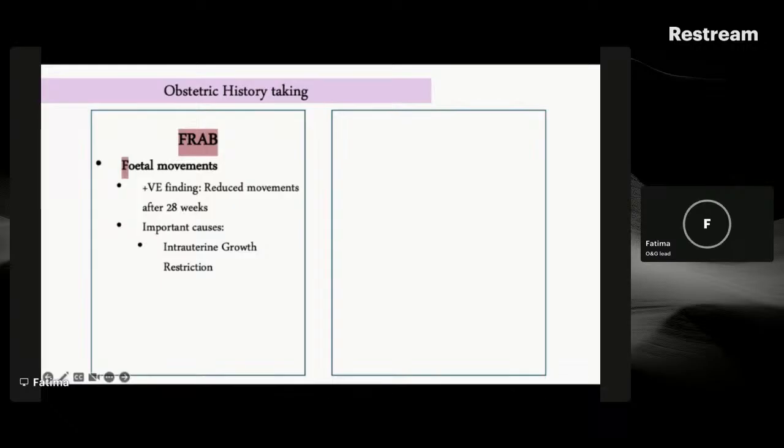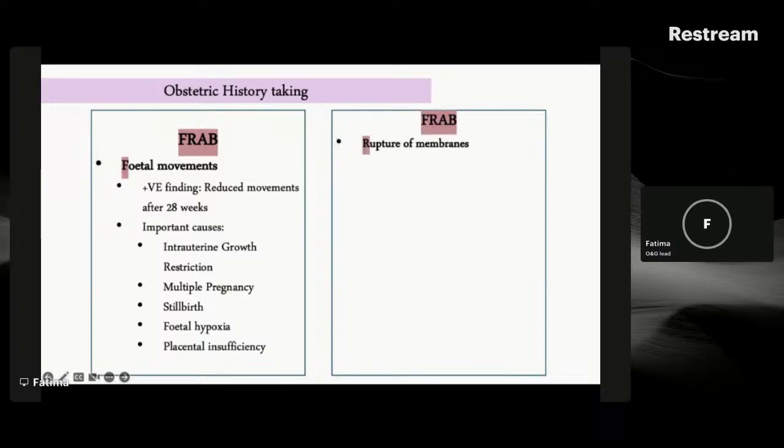Fetal movements are important to monitor, and if a lady comes in saying she's got reduced fetal movements, then causes could be intrauterine growth restriction, multiple pregnancies, stillbirth, hypoxia to the baby, or even placental insufficiency.